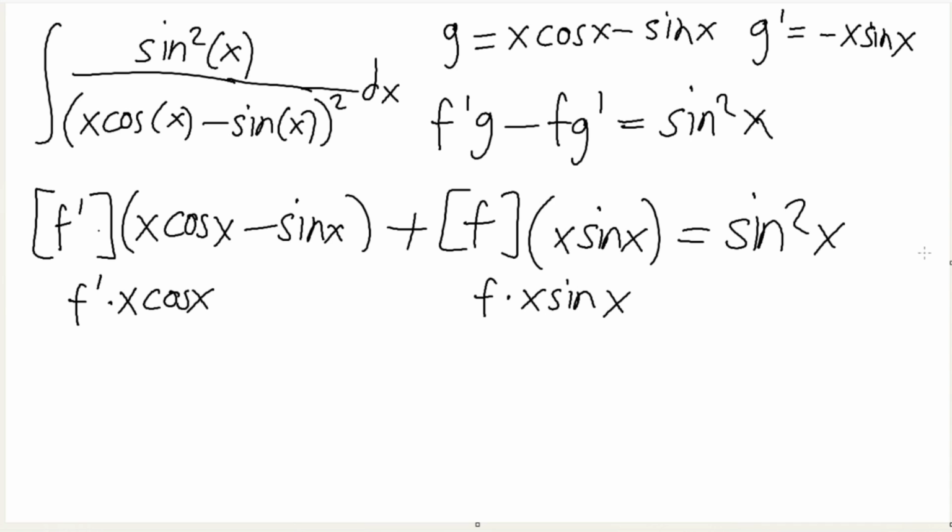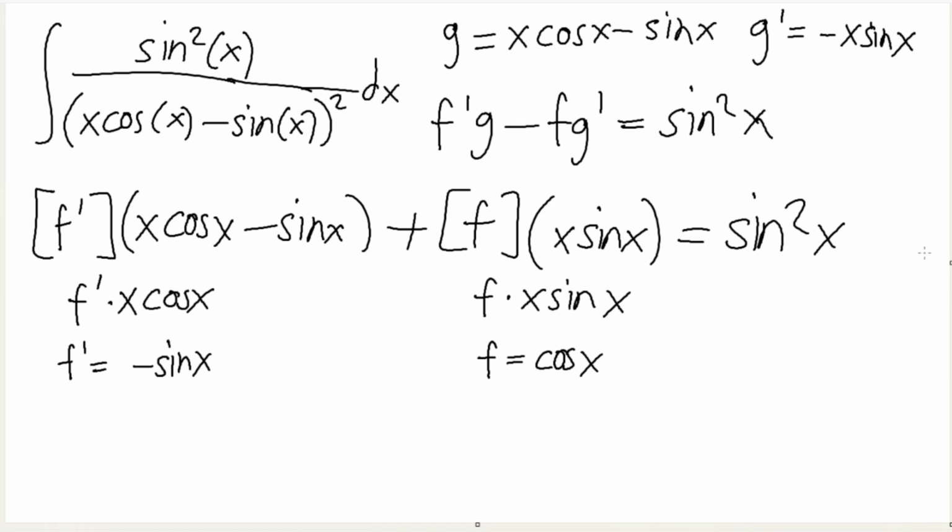If I want these two to cancel out, then what if we let f equal cosine of x? And the reason is because this becomes f prime of negative sine of x, right? We'll end up with sine x times cosine x, right? Will they cancel out? It seems so because this is positive and this becomes negative, right? Oh, and look, f prime times negative sine of x gives us sine squared, which is what we need.